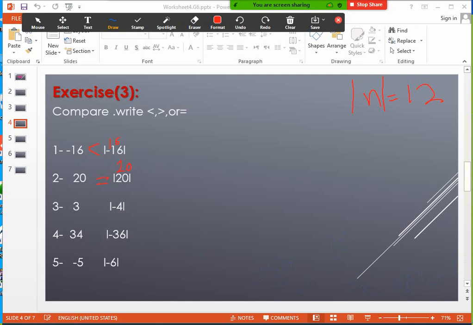Now, yes, Selma, open the mic. Yes, dear. Now, I want to compare between 3 and the absolute value for negative 4. Which one is the greater?